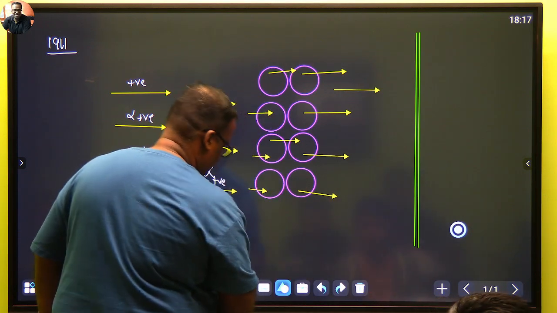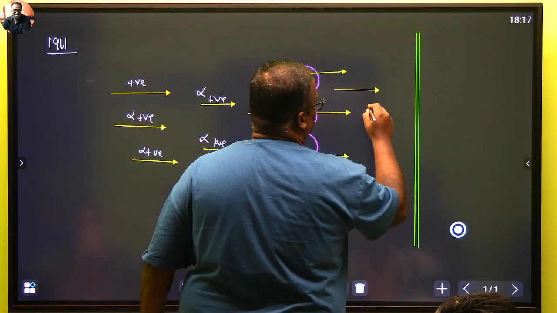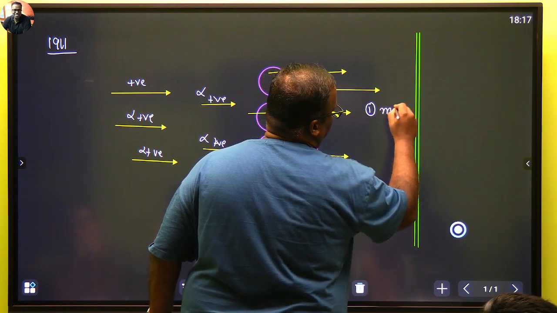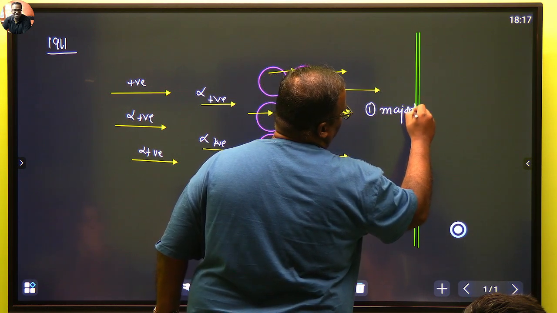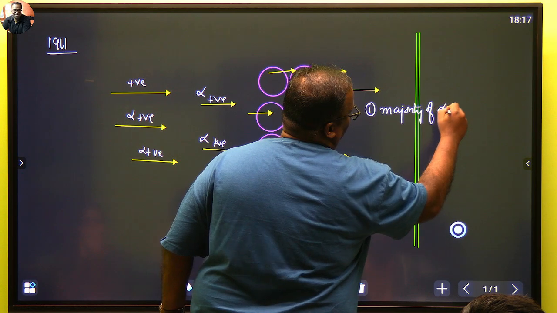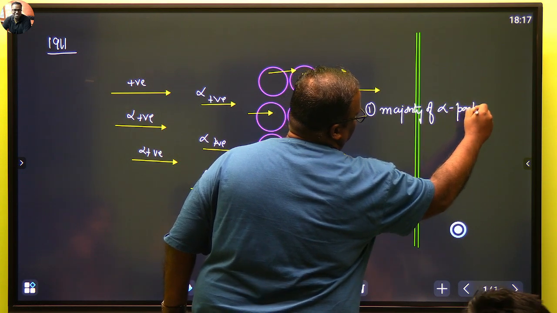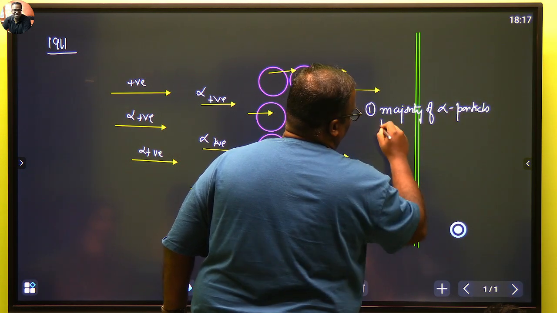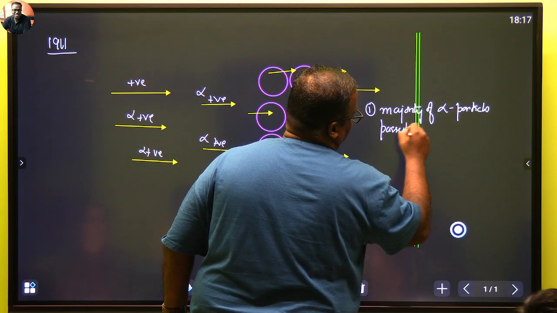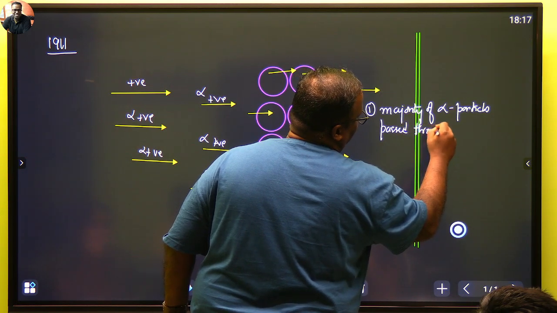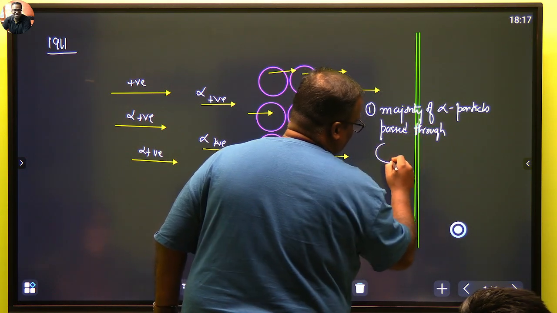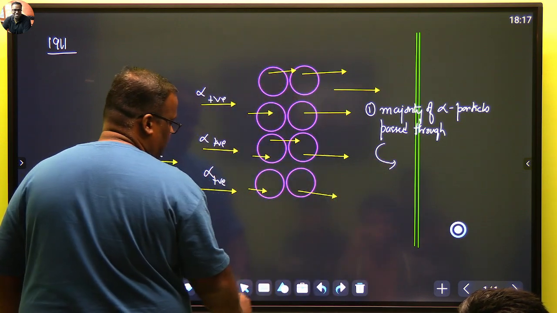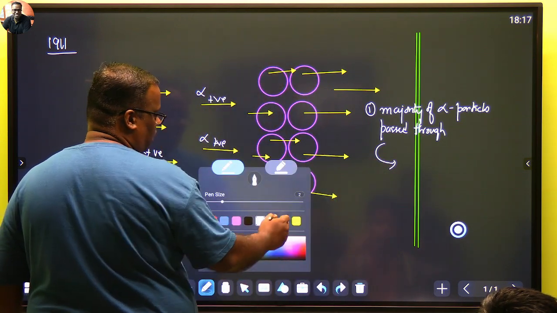That means the first thing I said, the first thing was what? Majority of alpha particles pass through. Dipanshu was very eager to hear this, wasn't he? Why? This concludes, from this we come to know, what do we find out?